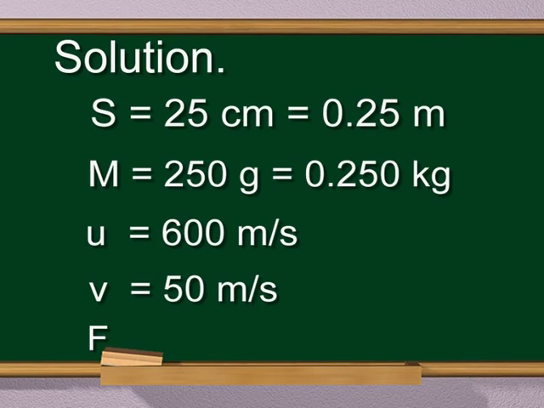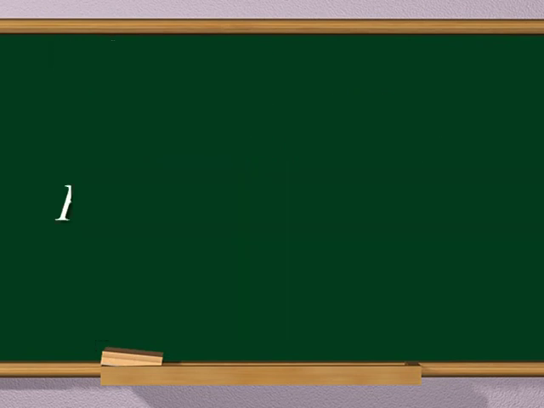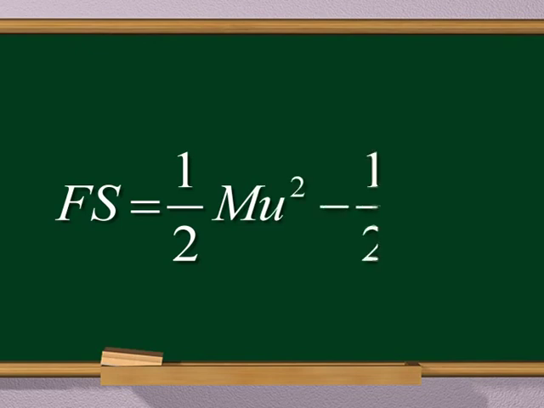Then, according to work energy theorem, work done against the resistance offered by the target is equal to decrease in the kinetic energy of the bullet. Thus, we have Fs equal to half mu square minus half mv square.